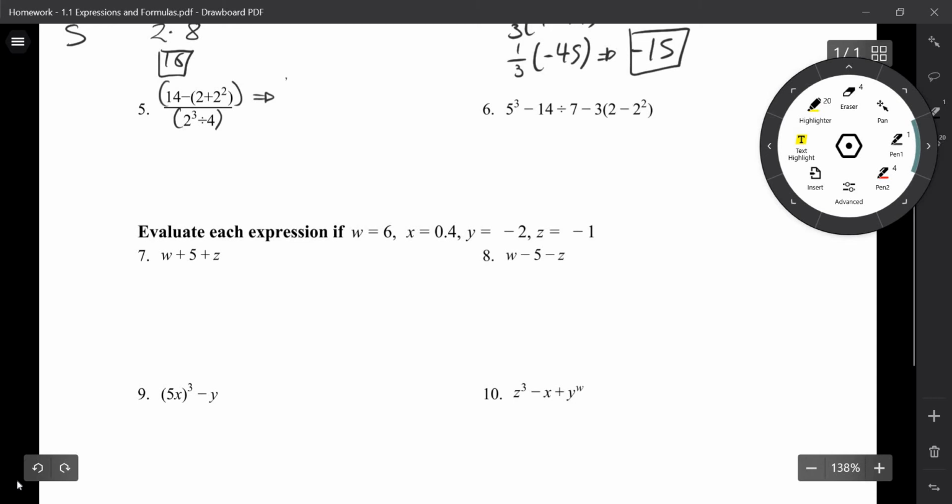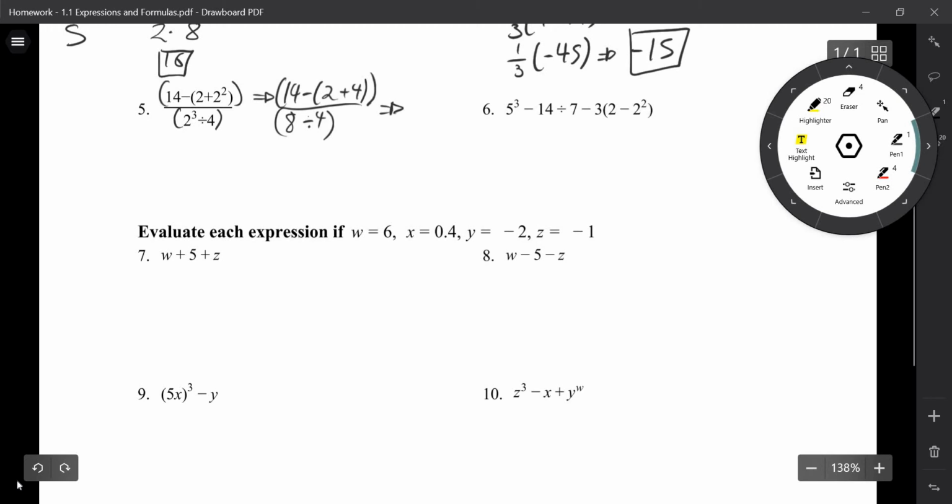We've got 14 minus, and then in parentheses 2 plus 2 squared, which is 4. And on the bottom, we've got an exponent, 2 to the 3rd. That's 2 times 2 times 2, so 2 times 2 is 4. 4 times 2 is 8, so we've got 8 divided by 4 down here on the bottom.